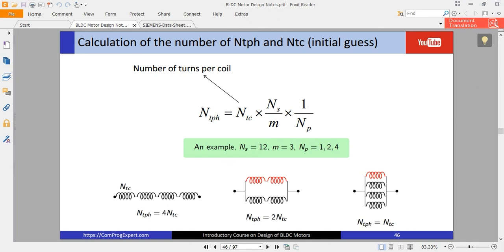And in a BLDC motor, we should consider that when we are going to use a parallel path, the induced back EMF of each branch should be the same. Otherwise, we have circulating current, and we cannot use a parallel path. So we should check this before increasing number of parallel paths.